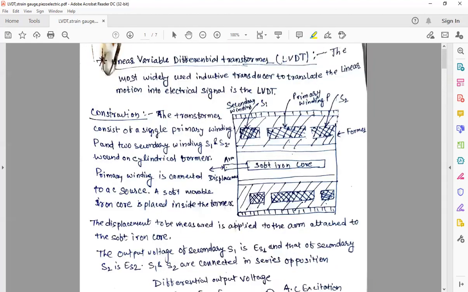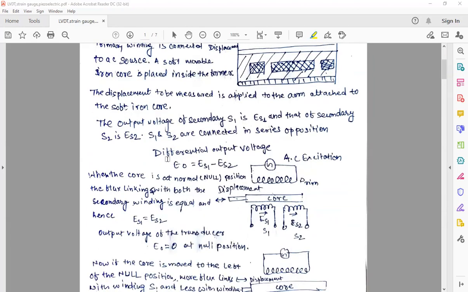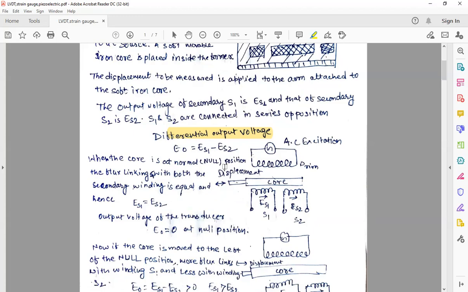Why is it called a differential transformer? Because the output voltage is the difference of the two secondary windings. The output voltage E0 is equal to ES1 minus ES2. So using LVDT, you can convert linear motion to an electrical signal.